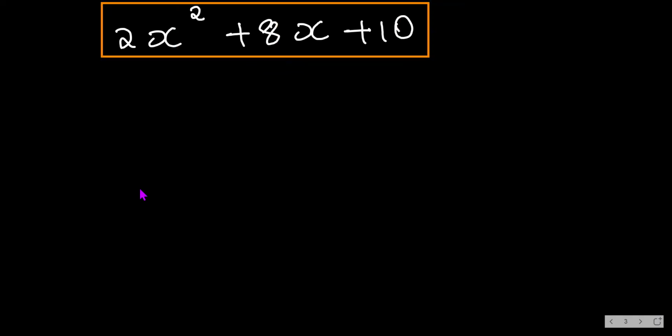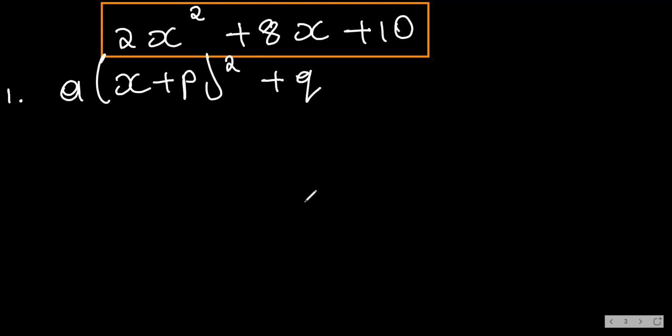Now listen to what the first question is saying. We need to write this expression in the form a into (x plus p) squared, plus q.